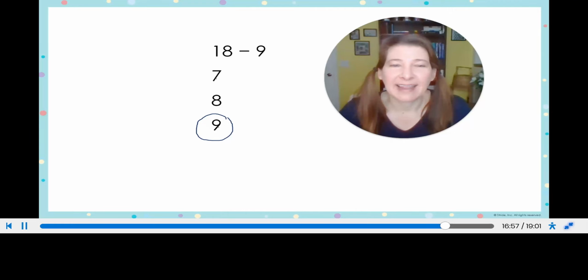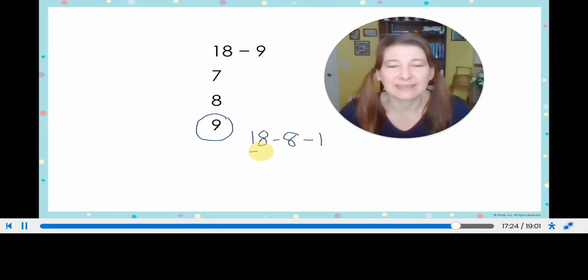Now, really, any of the strategies are pretty good here. Let's try making the 10. If I have 18 and the first thing I want to do is get down to 10, I'm going to have to subtract 8. But I know I really want to subtract 9. So how much more do I need to subtract? I'm going to need to subtract 1 more than that.